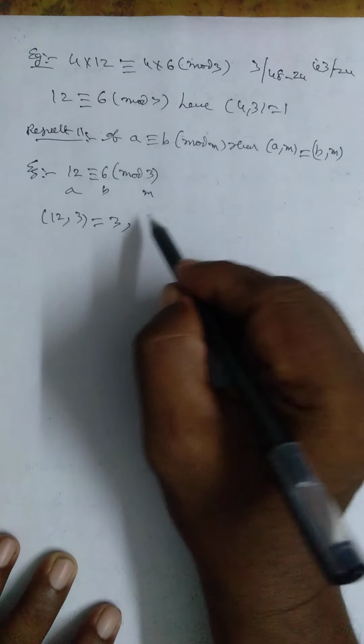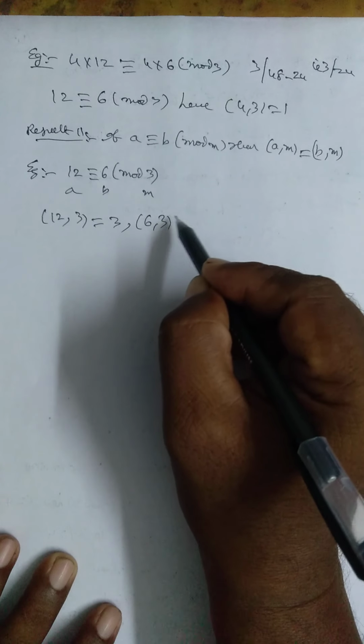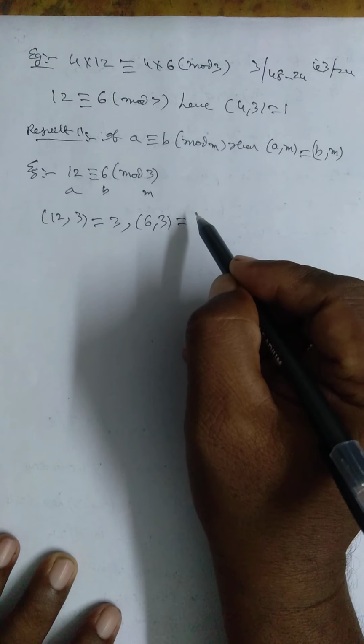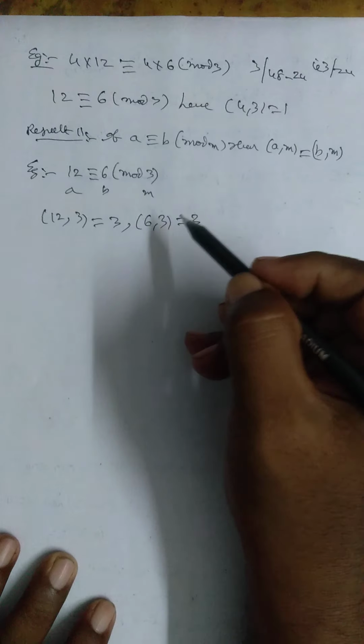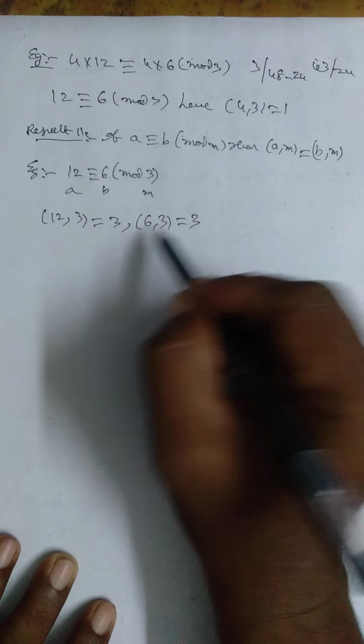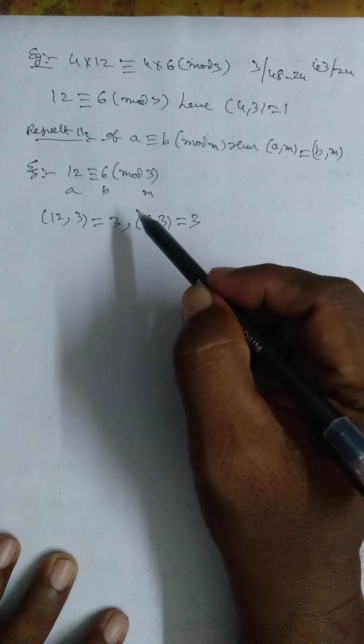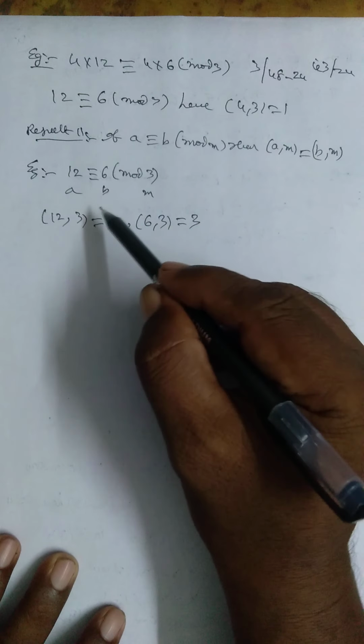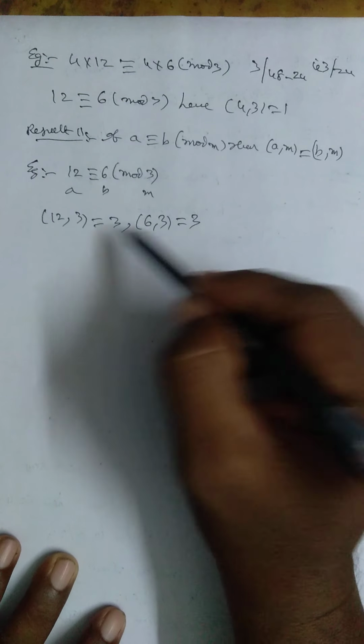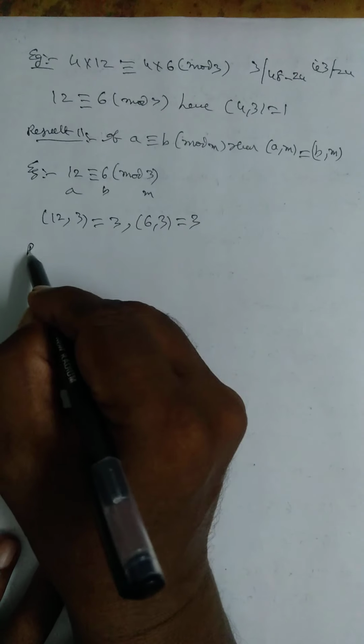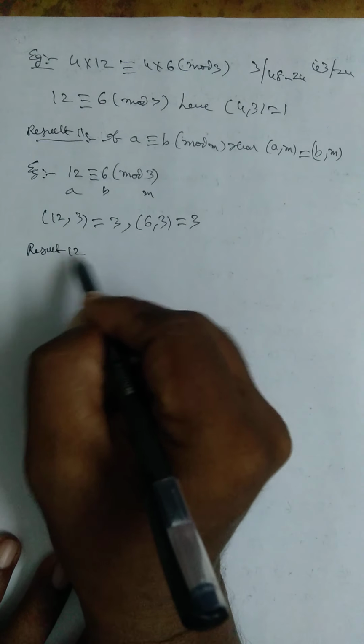Similarly, the GCD of 6 comma 3 is also 3. So both are the same. You know how to find GCD. Find the GCD of this, the GCD of this, check it.